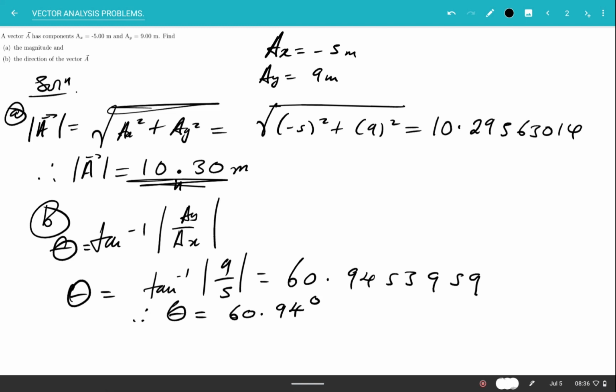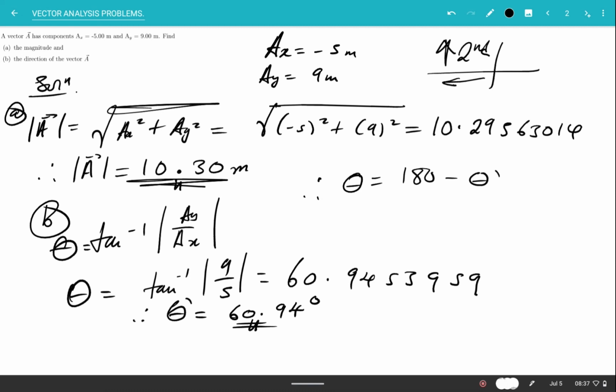Rounding this off, you get 60.94 degrees. But this won't be the final answer, because if you check your quadrant, you find that the ax is negative and the ay is positive. So it's going in the negative, then the positive, which means it's in the second quadrant. So therefore, the direction theta, I'll call this theta prime, is simply equal to 180 minus theta prime. So theta is equal to 180 minus 60.95, sorry, if you round off, 60.95, because this number is actually equal to 0.95.